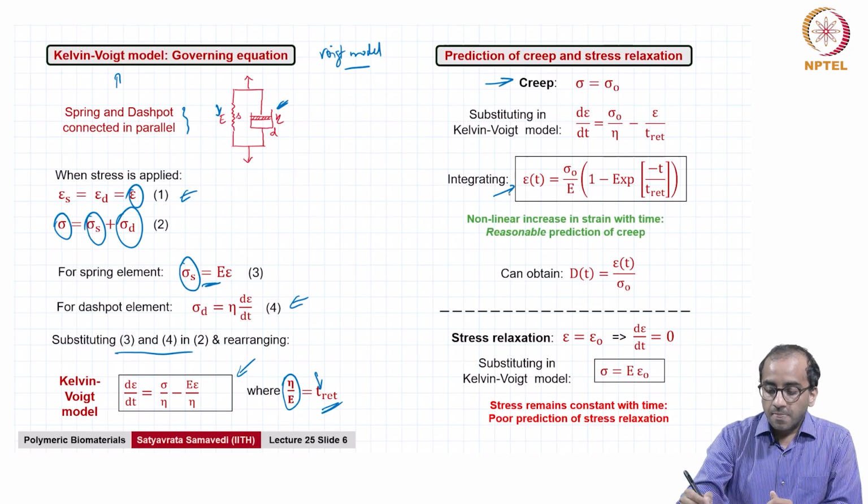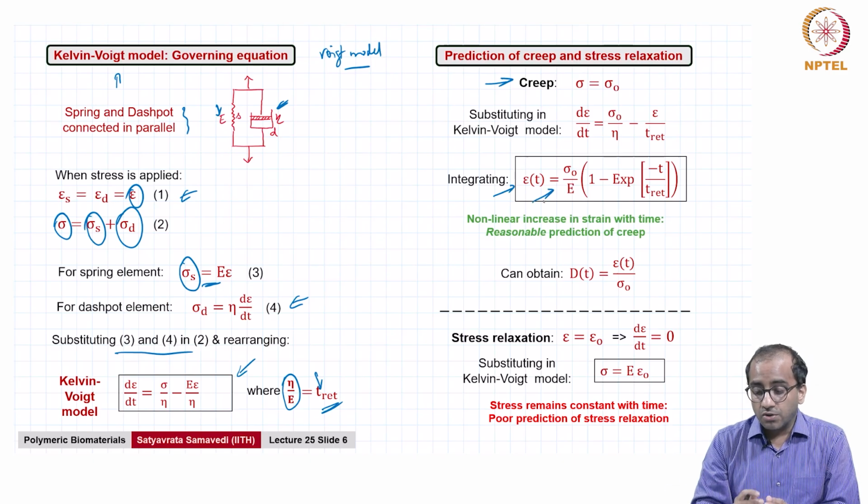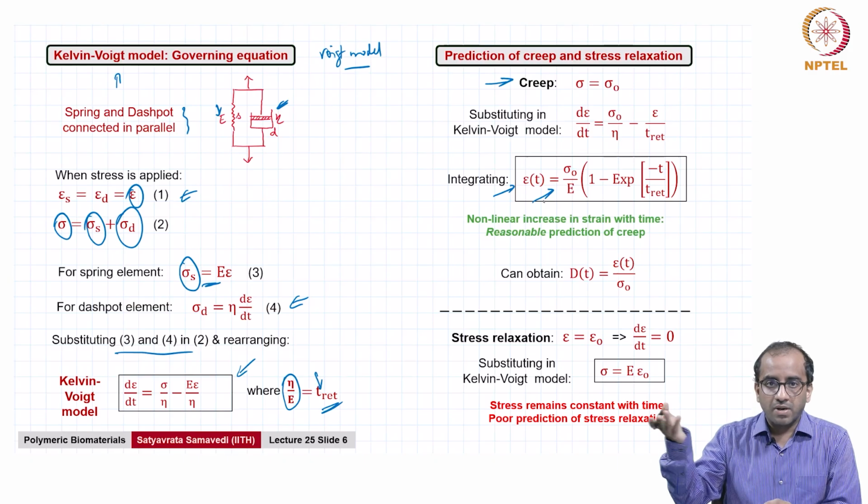And again you see this seems to predict a non-linear increase in strain with time, which seems to be a reasonable prediction of creep. Essentially, at very small times, this is going to prevent that sudden jump in strain, and at very long times you will reach some kind of constant plateau value.